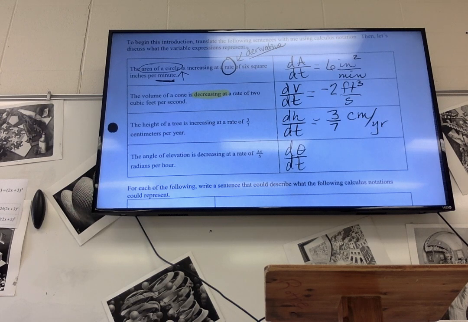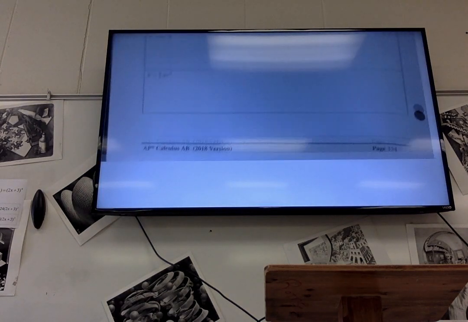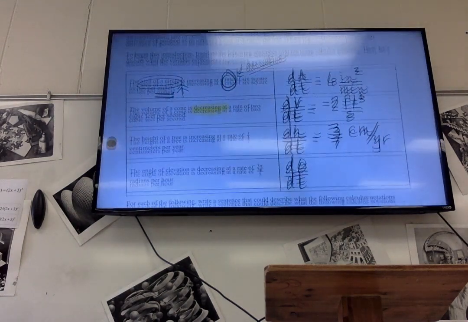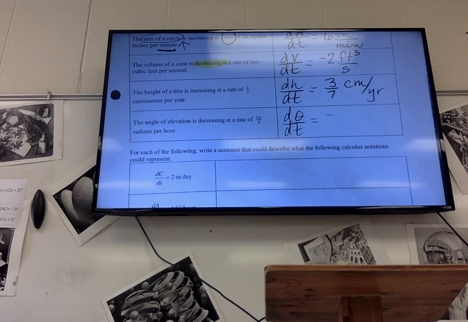You could have used the A if you wanted to. It's just A usually means area, but there's nothing that says it has to be one or the other. So d theta dt equals what? Negative 3 pi over 5 radians per hour.